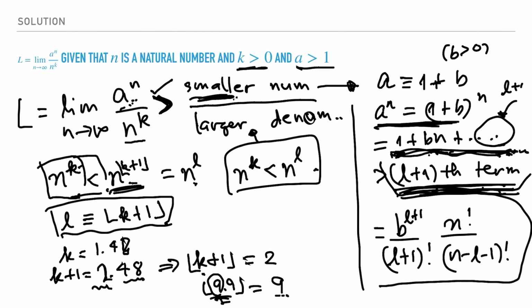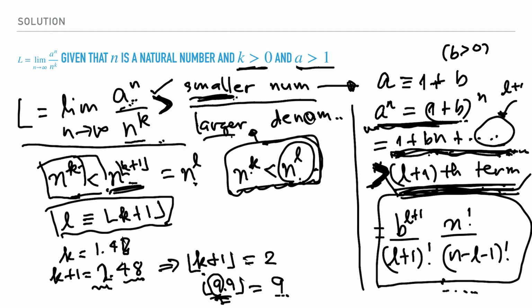So this will be my numerator, and I'm guaranteed that this is smaller than a to the n. And this will be my denominator, and I'm guaranteed that this is larger than n to the k. And so I can find now a new sequence that is smaller than this.